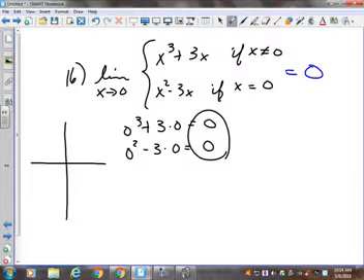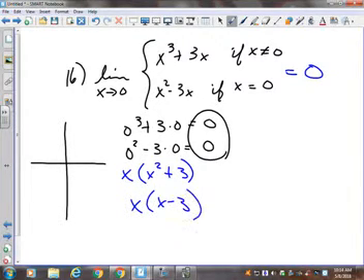Now, let's look at that question in a little different way. What if I factored the first one? And what if I factored the second one? Can you see why 0 is a problem?